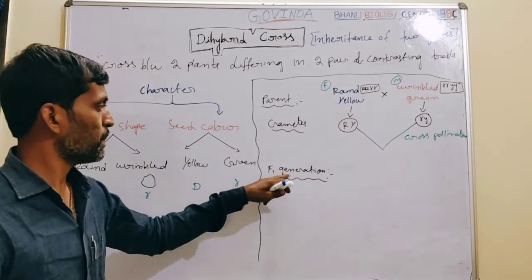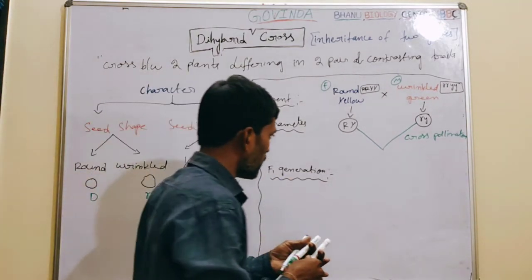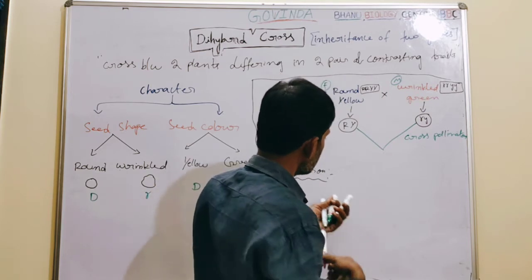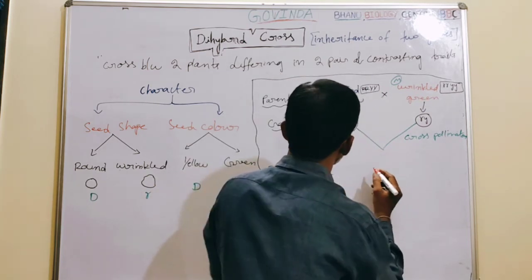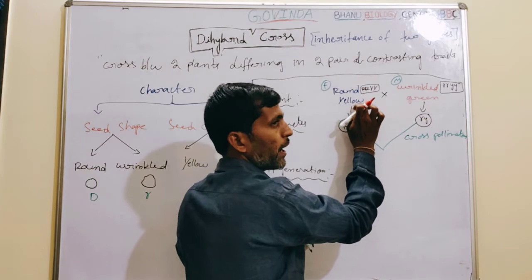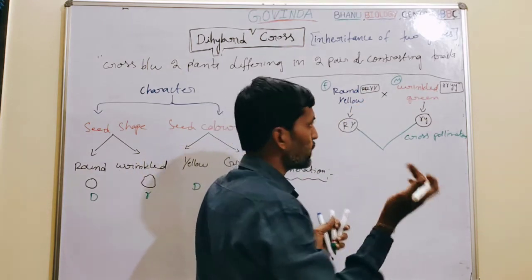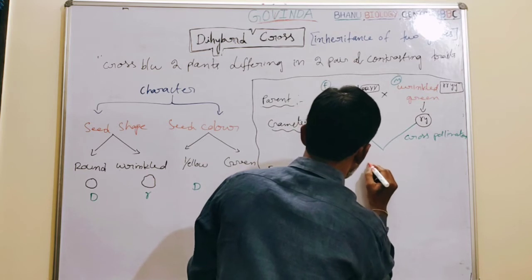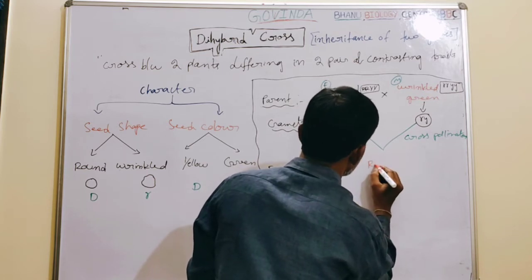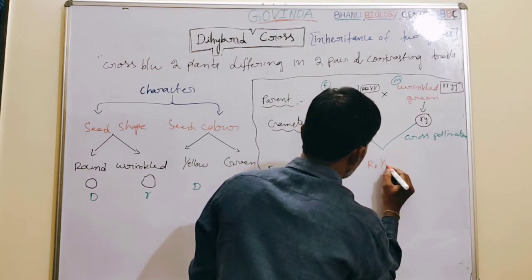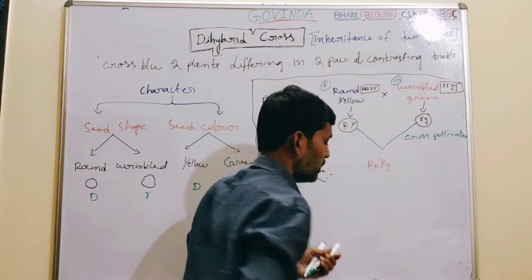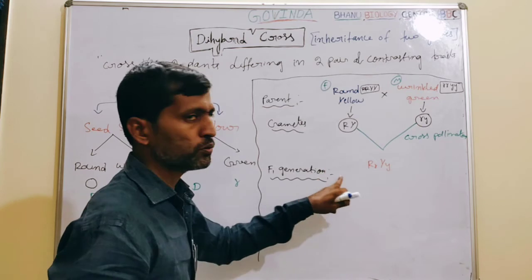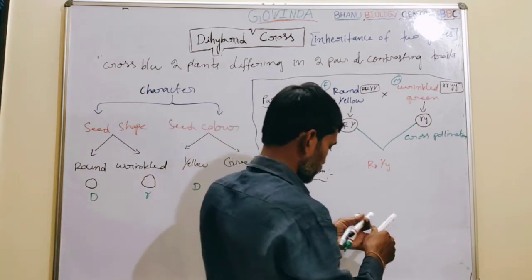All the plants produced in the F1 generation become heterozygous round yellow seed producing plants, meaning capital R, small r, capital Y, small y. This is the genotype of the offspring produced in the F1 generation.